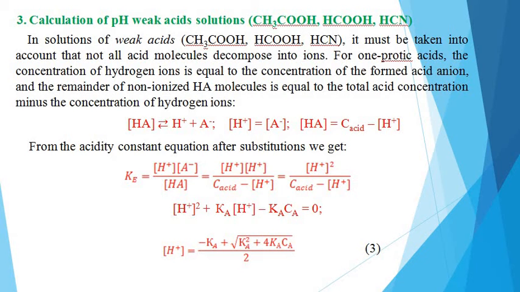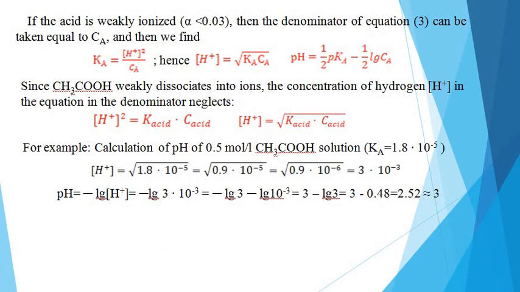It's the third formula, and from this formula, if the acid is weakly ionized, with a degree of dissociation less than 0.03, then the denominator of equation 3 can be taken equal to the concentration of acid, and then we find the constant of acidity.